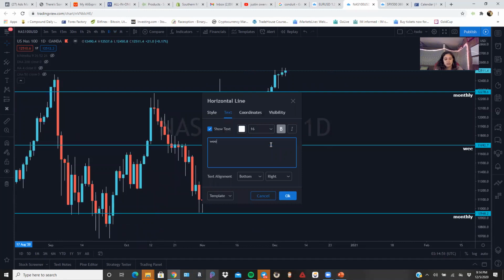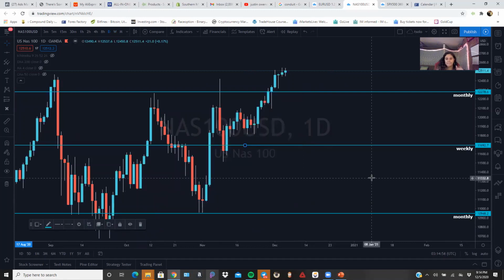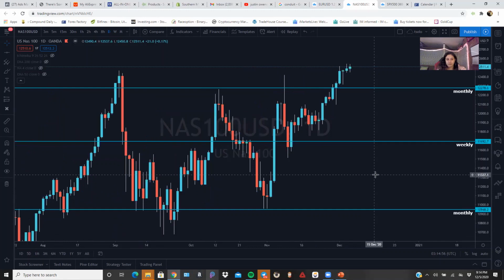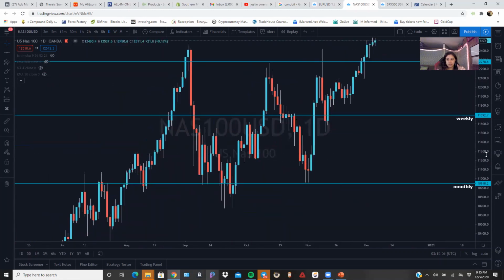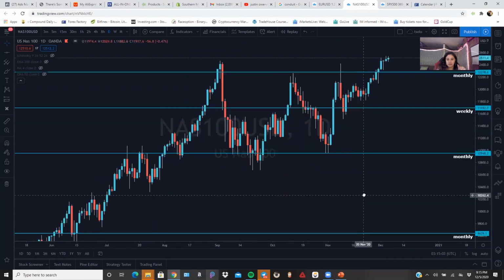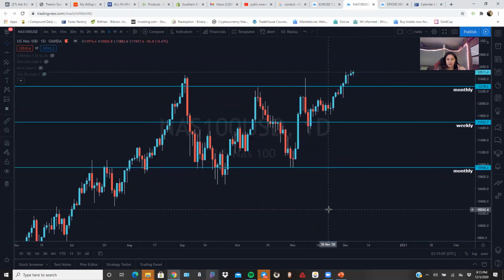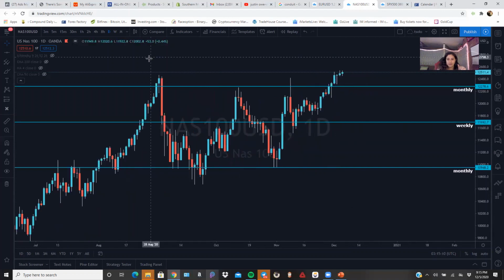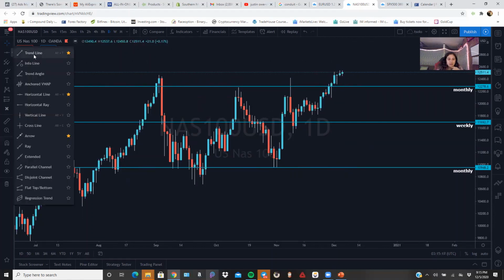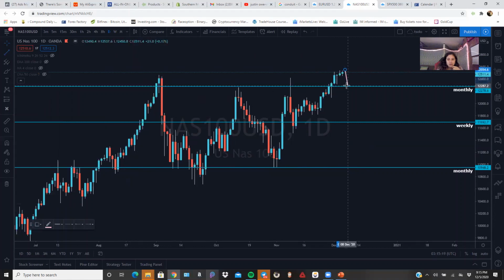Let's bring up the weekly. All right, I like this. Okay, so definitely broke all this. I like these candlesticks. We definitely got to see if we're going to get a retrace back into the monthly or lower and then go back up.